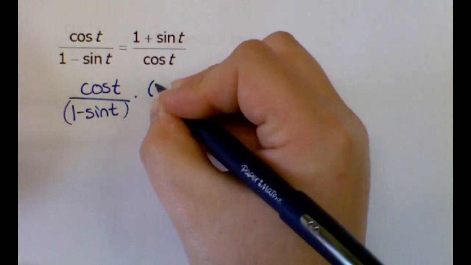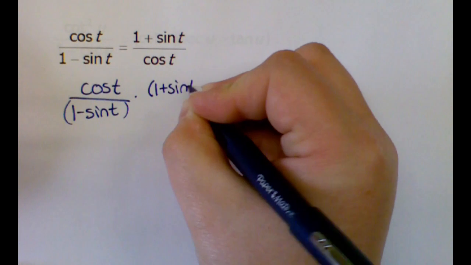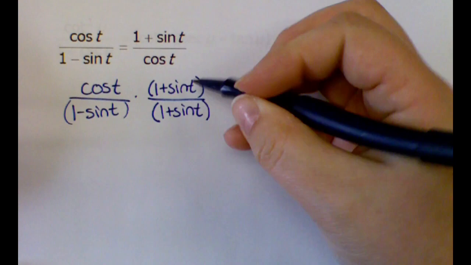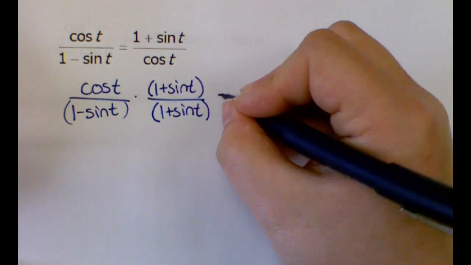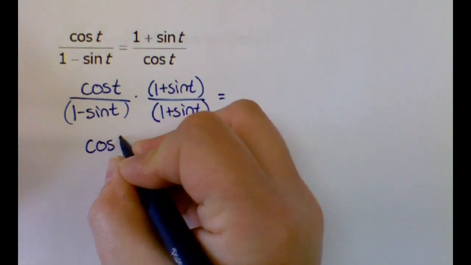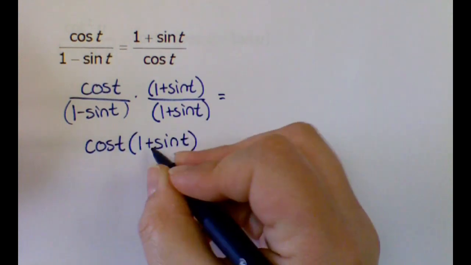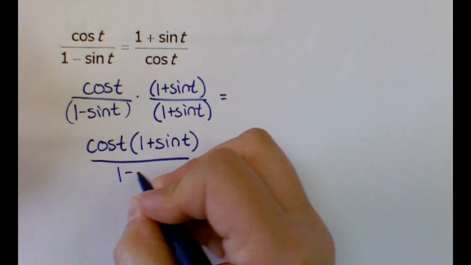and I'm going to multiply by 1 plus sine of t. You might notice also that that's the final numerator I want to end with. So I'm not going to distribute it because I think that'll be counterproductive, because I want that in my answer. So I get 1 minus sine squared of t.